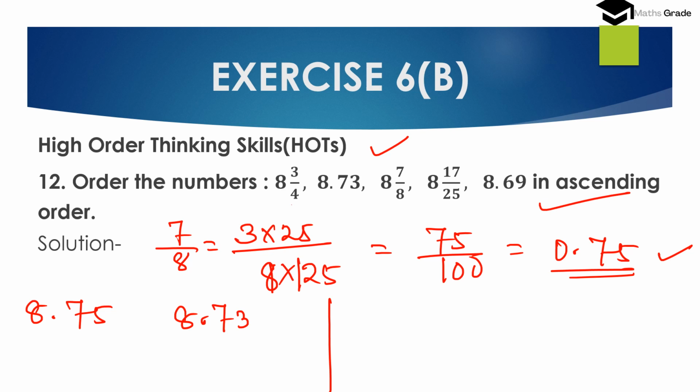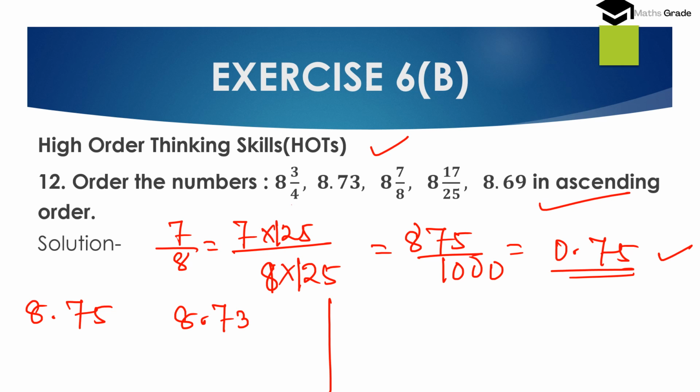Now multiply the numerator 7 with 125. 7 multiplied with 125 is 7 times 5 is 35, carry 3. 7 times 2 is 14 plus 3 is 17. 1 times 7 is 7. So 875, and 8 multiplied with 125 is 1000. Now 875 divided by 1000.